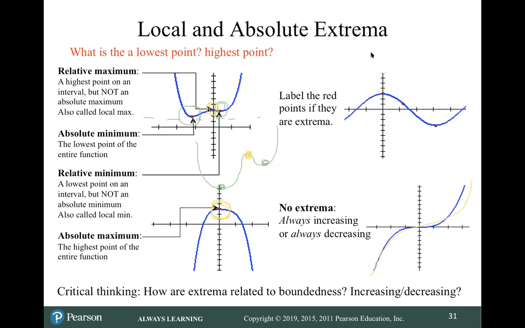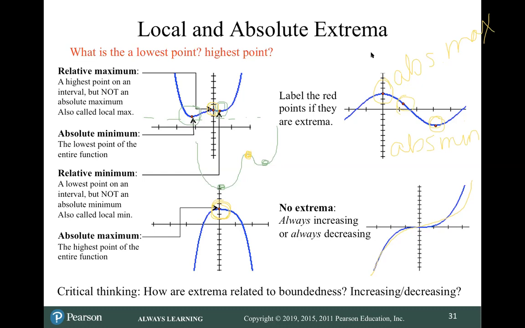So this point here is an absolute maximum. It is the top of the graph. There's nothing higher than that. This point here is an absolute minimum. This point, it's not the top of anything, it's not the bottom of anything.